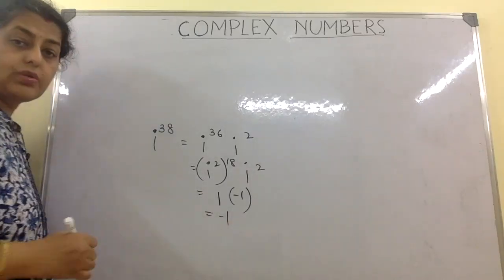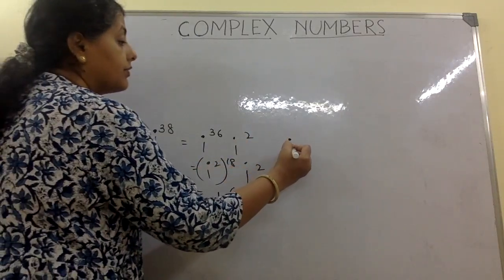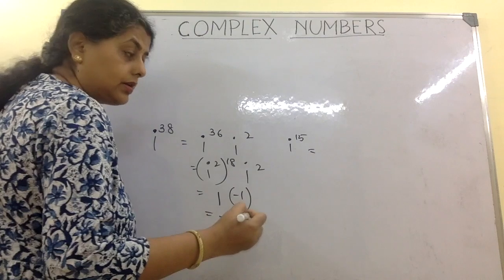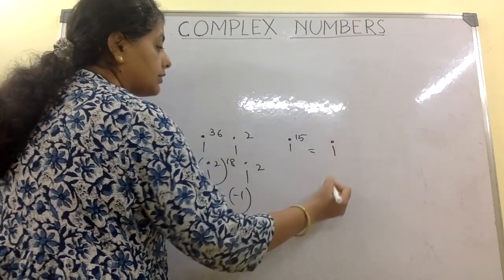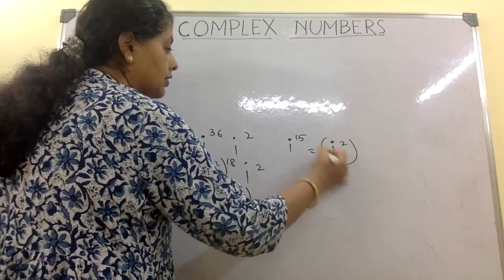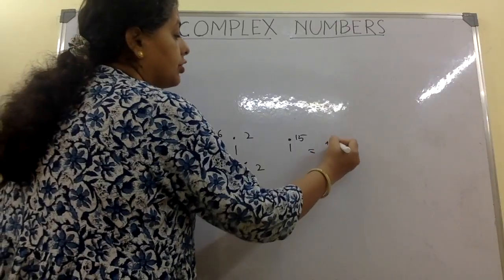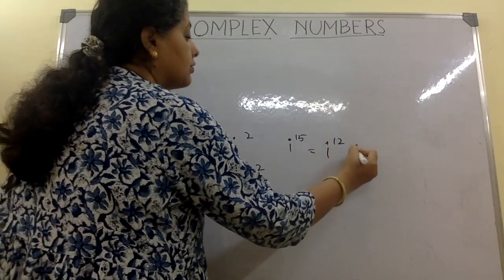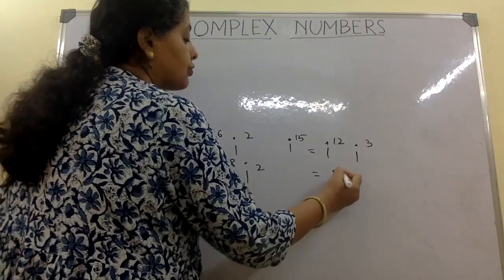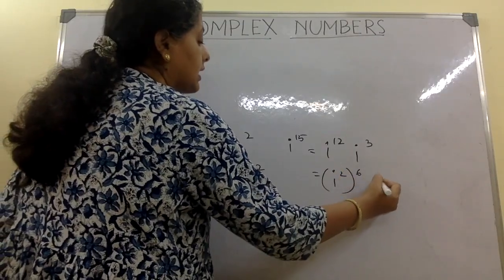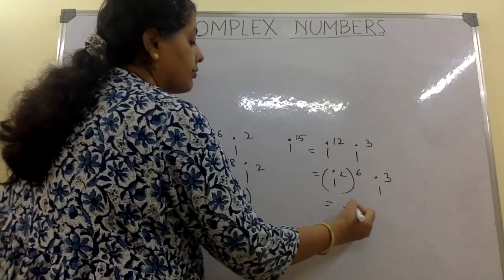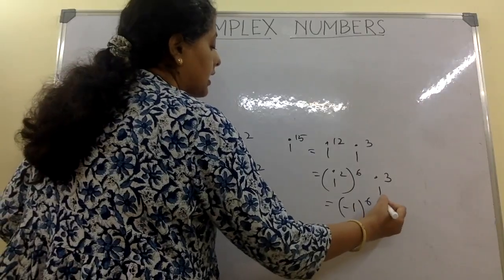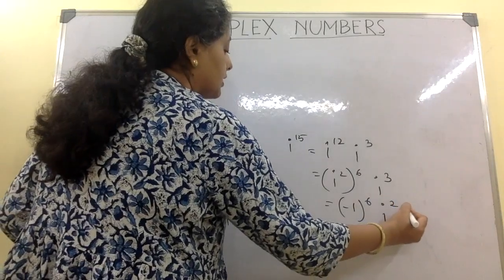I to the power 15, supposing they tell us to find. I to the power 12 and then i to the power 3, that is i square to the power 6 into i square into i.